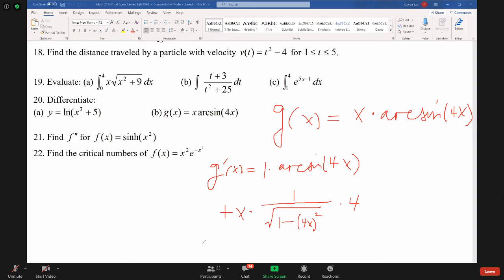So the final answer is arc sine 4x plus 4x over the square root of 1 minus 16x squared. So let me write it down. Final answer is arc sine 4x plus 4x over the square root of 1 minus 16x squared. So you cannot simplify anymore. So please copy this down.